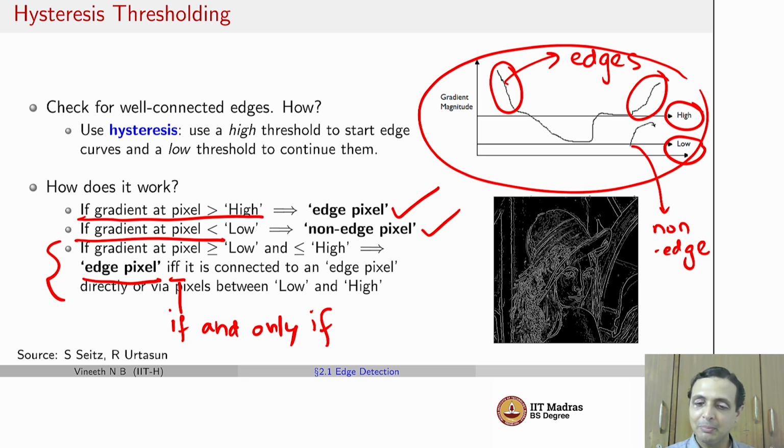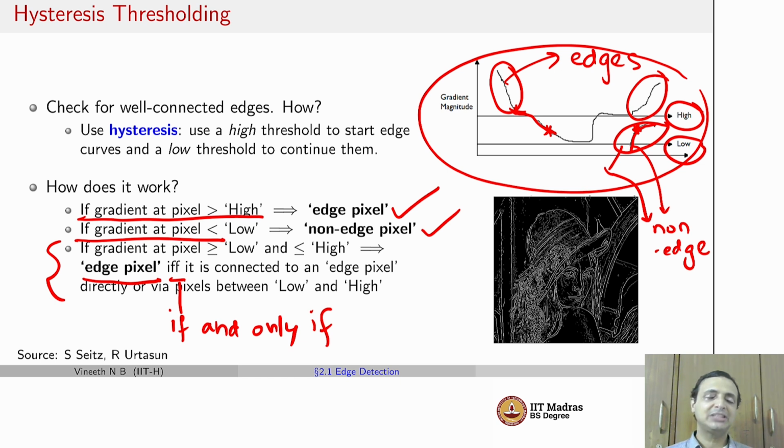If you take one particular pixel there, you check if this pixel was connected directly or through a set of values to any edge pixel. If so, you would call that an edge pixel. On the other hand, if you take this pixel and try to connect it, it does not connect to any edge pixel that's greater than high, and hence this entire set of pixels would get classified as non-edge pixels.